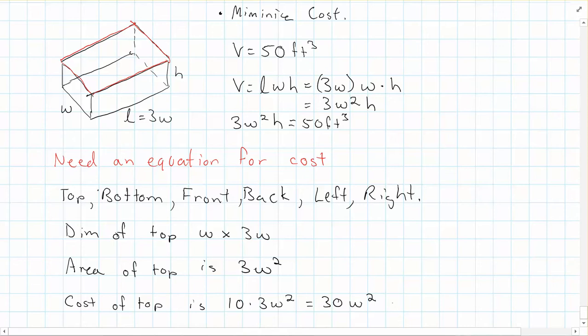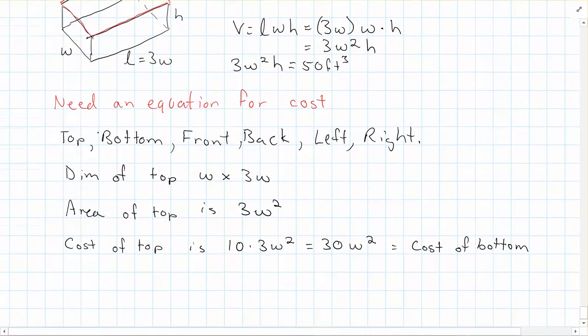Now this is also the cost of the bottom, because the bottom is going to be the exact same dimensions. Alright, so now we need to go through and do the front, back, left, and right.